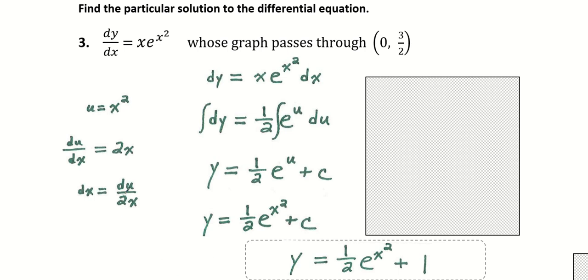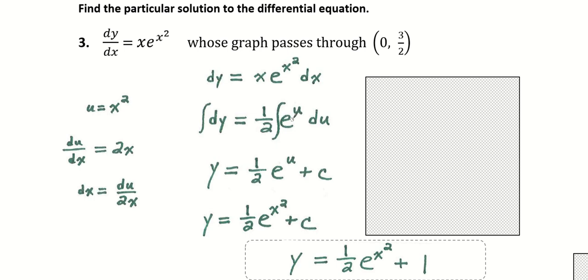when we plug in du over 2x for the dx, this x is going to cancel nicely with this x, but there's still going to be a divided by 2, so we have a 1/2 that appears.